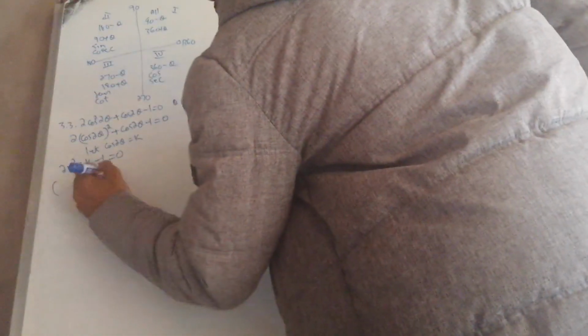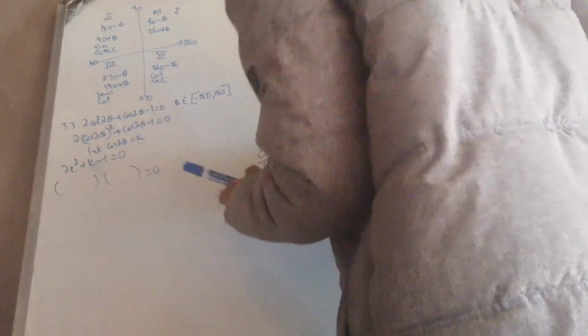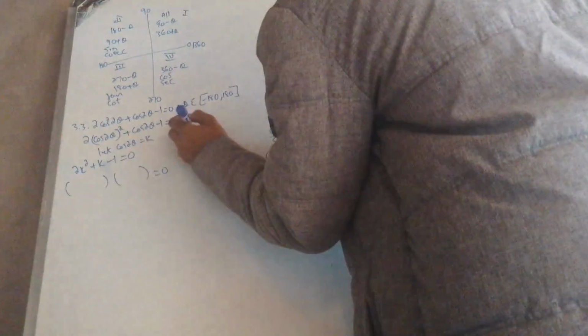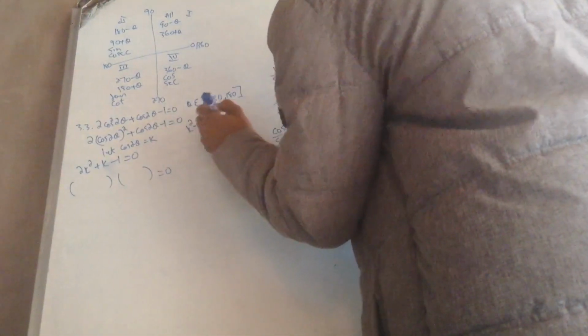I can factorize this. What you will do here, you will take this 2 and multiply that by negative 1. You will find k squared plus k minus 2 equals 0. So instead of factorizing this, we are factorizing that.